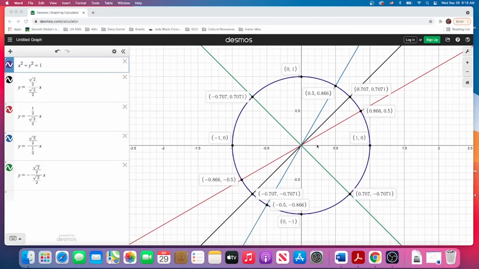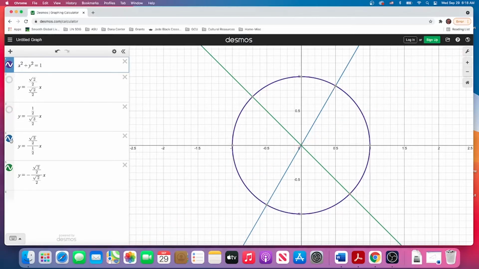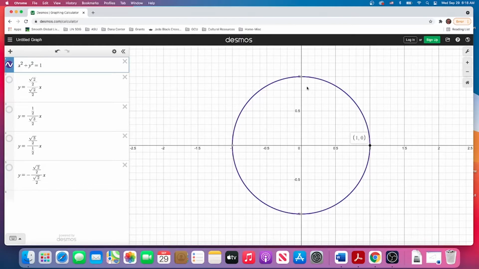And again, I look forward to any feedback you can provide me. So these special angles are actually not very helpful, because look, how can you graph 0.707? We're not going to graph that very well. But if I turn these off and get them out of the way, the parts that are going to be the easiest to graph are these 4 points, you got 1 and 0, 0 and 1.